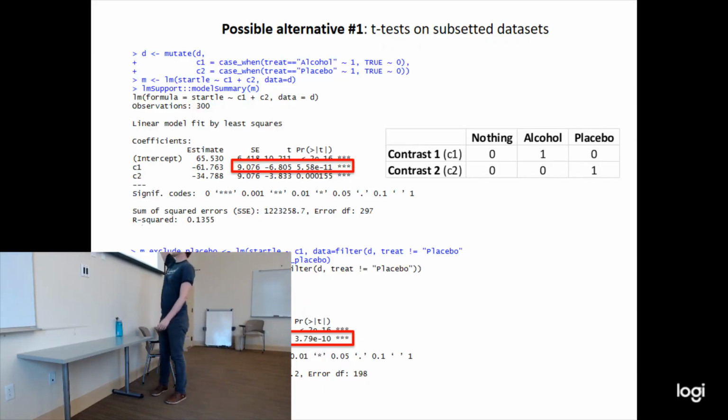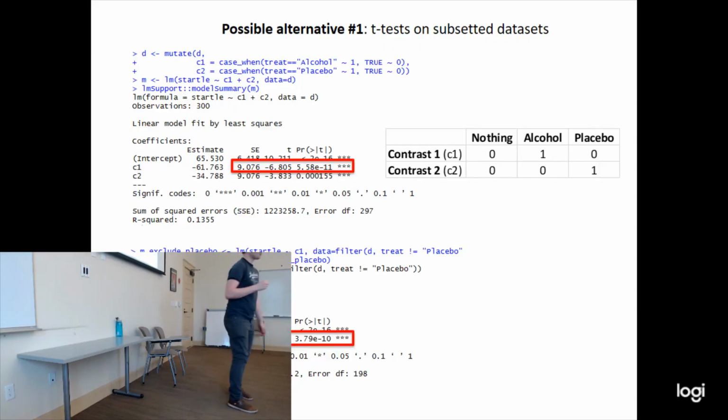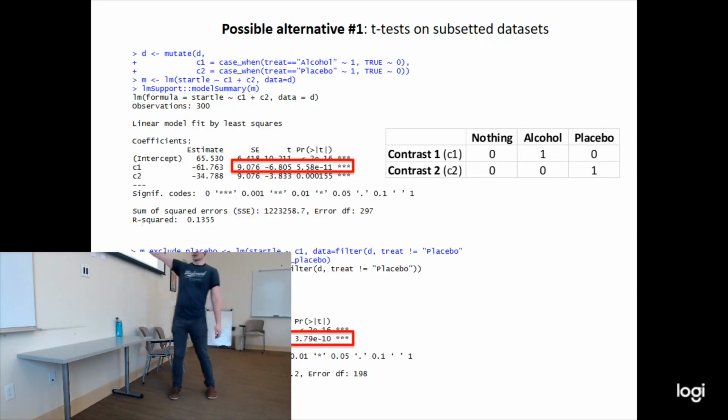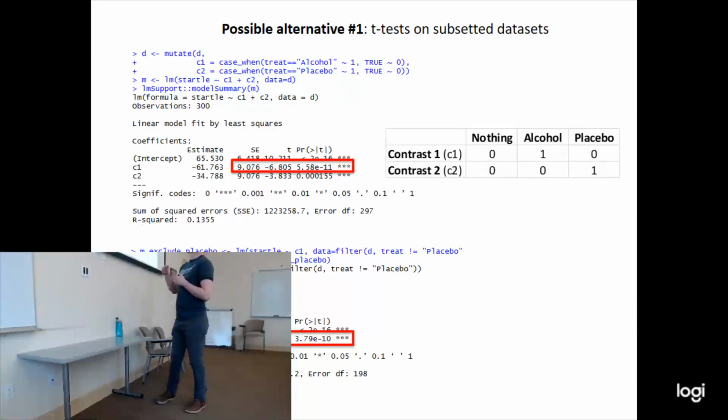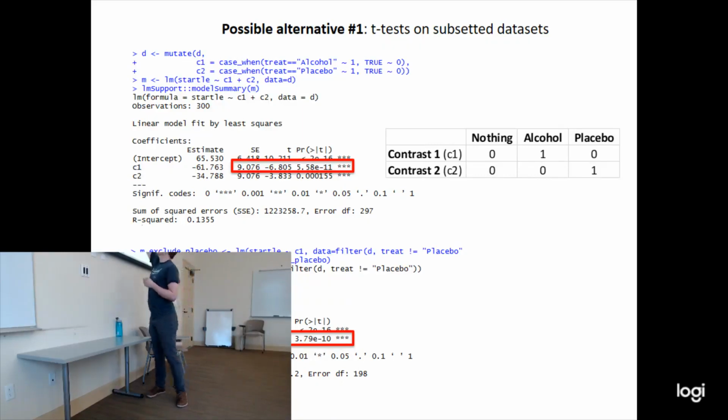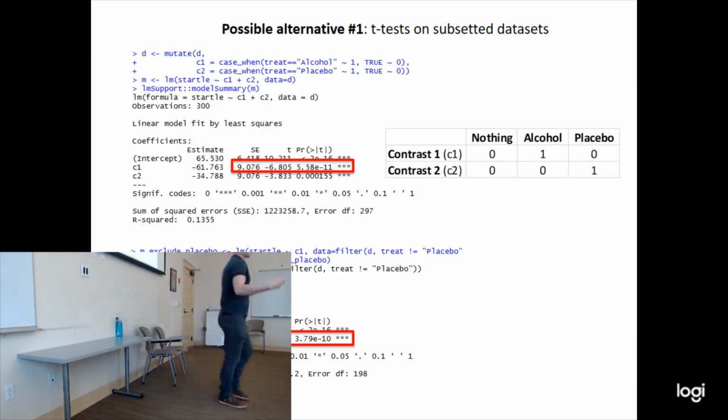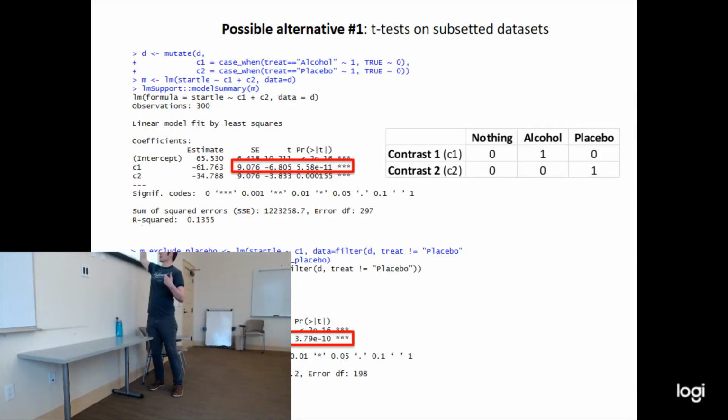Notice how the standard error for the model that we ended up with, that includes multiple dummy codes, is smaller than the standard error where we've subsetted the data. There are two reasons why this is true. One is that with the model up above, we're working with 300 cases, 300 observations, 300 people, which means that our error degrees of freedom are 297.